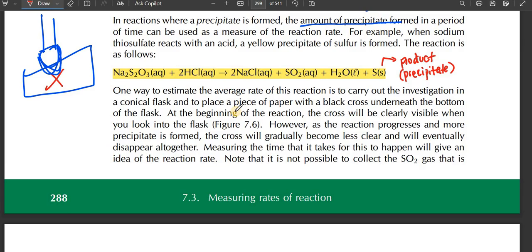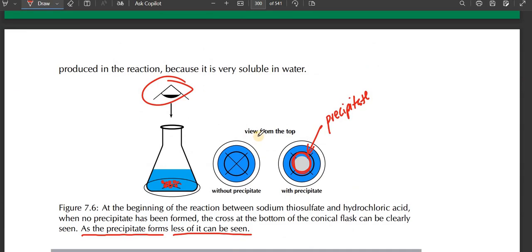Okay, so this one usually you can't have a graph. But well, sometimes you can just try to draw the graph, but it's difficult to draw a graph because what will be on your y-axis and x-axis? I understand here is the time, but what will be here? Because you are not measuring anything.